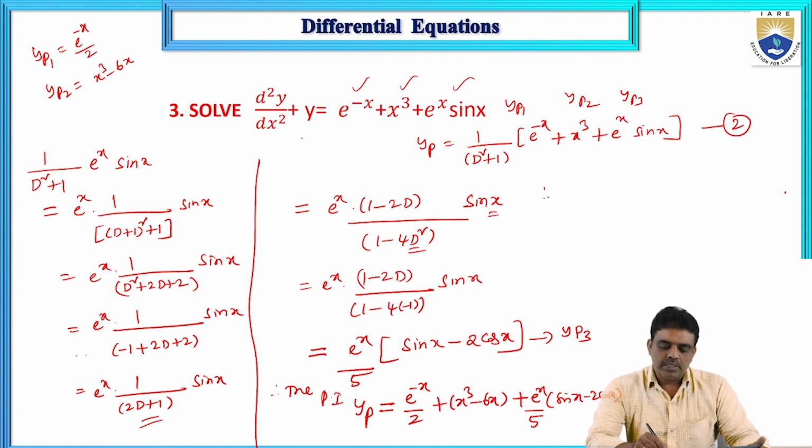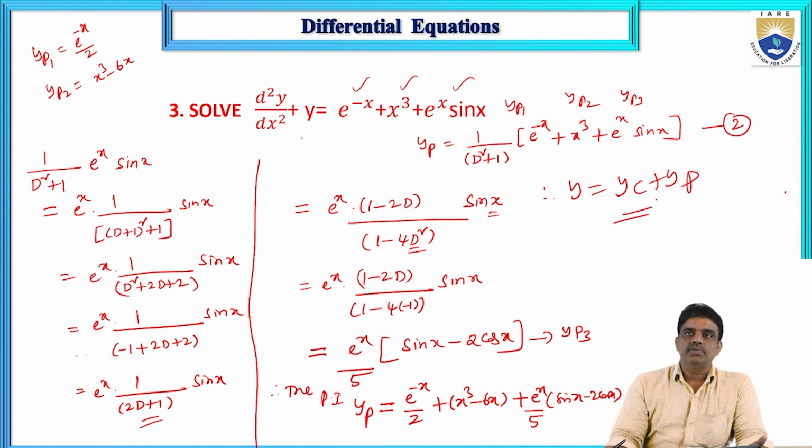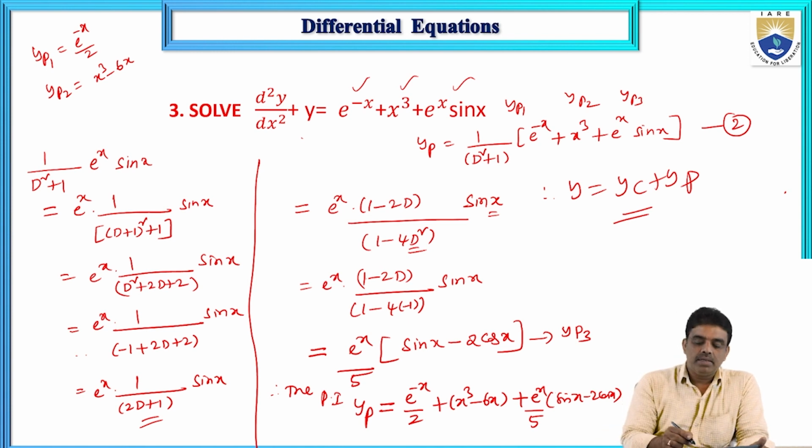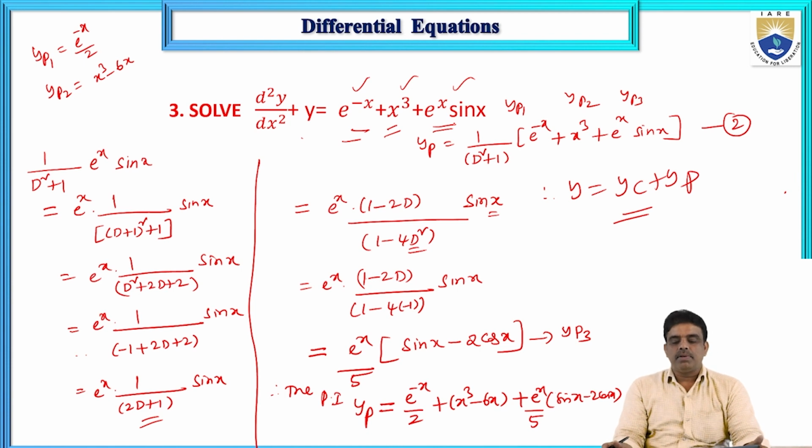Therefore, the general solution will be y is equal to yc plus yp, which is the required general solution of the given problem. So here we have applied the type 1 model and type 3 also, and here type 4 and type 2 also. So the problem covered all 4 models to find the particular integrals in special cases.